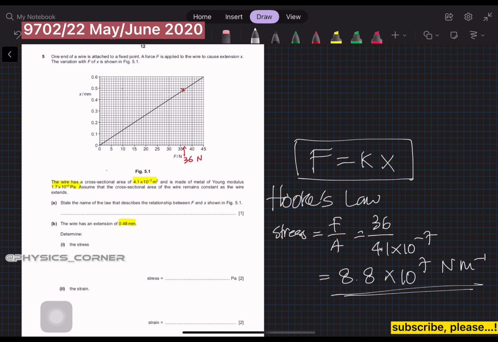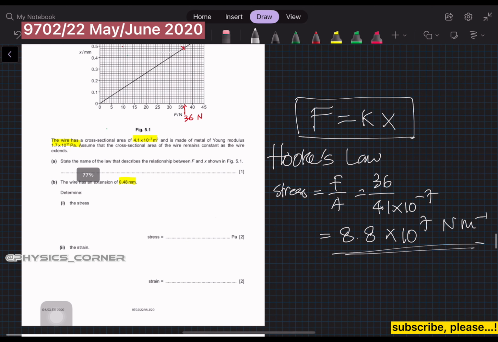And strain is extension divided by initial length. Oh, I think we don't use this formula, but we use Young modulus.